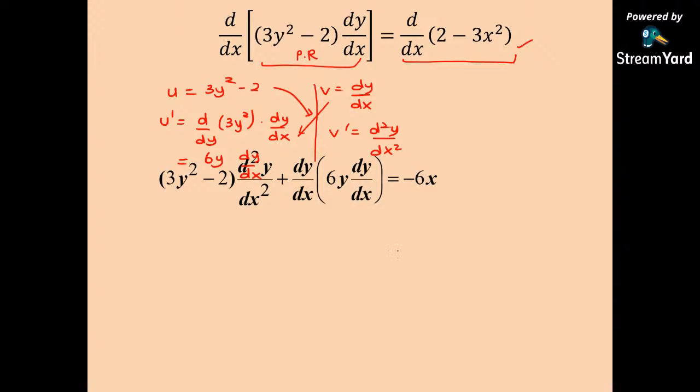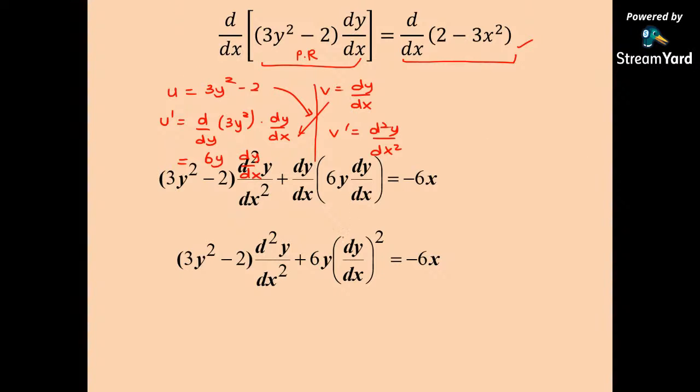We are going to simplify them a little bit. Here we got dy over dx times dy over dx, so that is how you end up with dy over dx squared. So 6y times dy over dx squared, and this is equal to negative 6x.